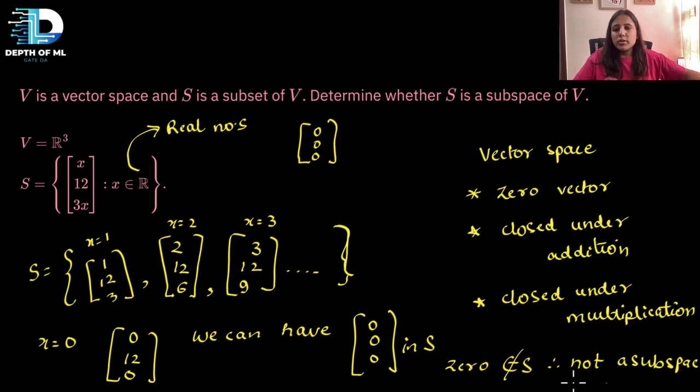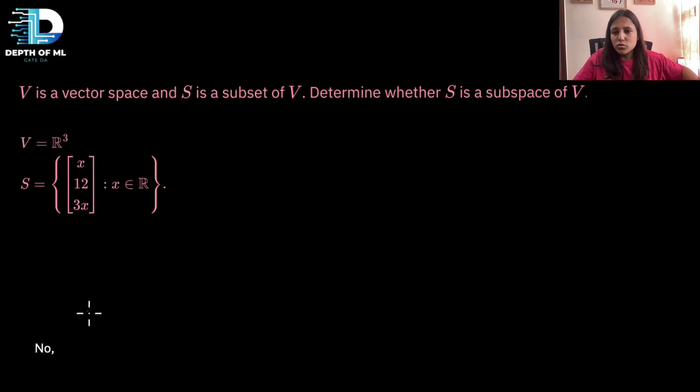Because the 0 vector is not present, this particular condition did not get satisfied. So we'll stop here. We don't even have to check the next two conditions, and we can say confidently that this is not a valid subspace. So this is no, because the 0 vector does not belong to S.